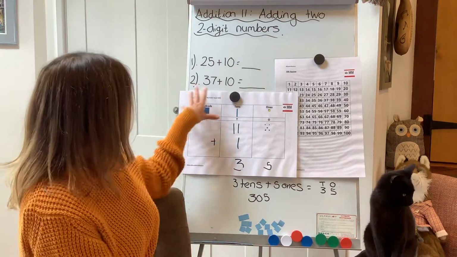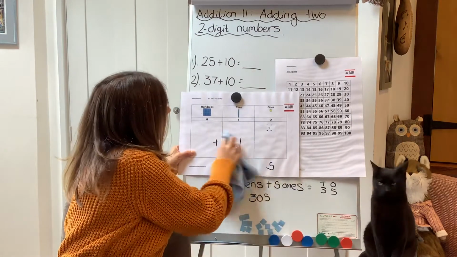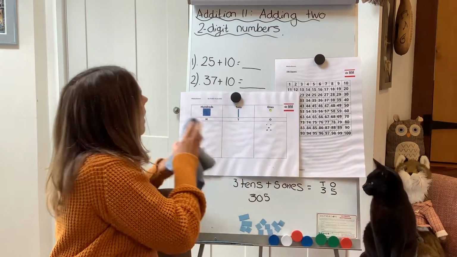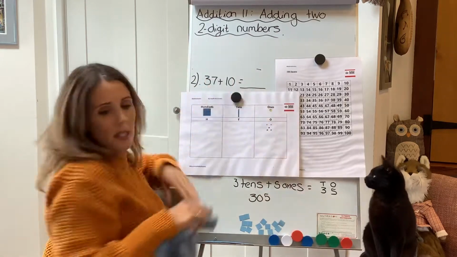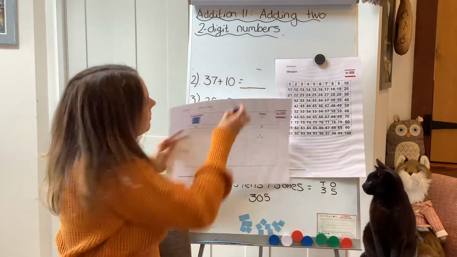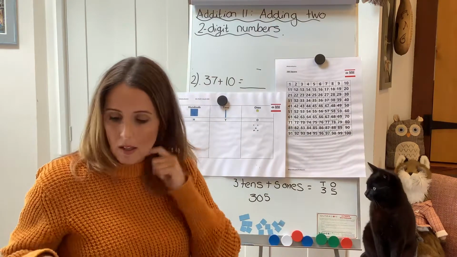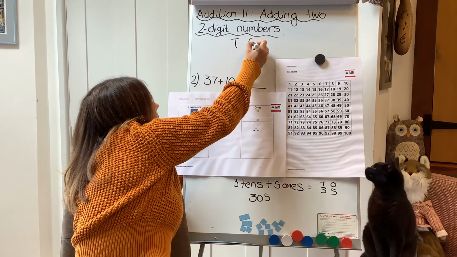So, with this one, 37 add 10. I'm going to show you using the base 10, covered for now, and I'm going to write tens and ones.